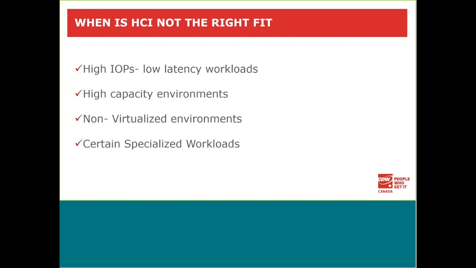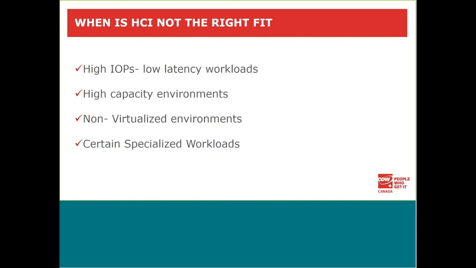When we look at high IOPS and low latency workloads, sometimes it's not the best for that. We can provision it in a way that works, but we often see a price premium. And we're not talking about regular production workloads, VMs, and things like that. We're talking about very resource-heavy workloads, and some of our vendors are even able to get ones with GPUs involved, so we can run things like Photoshop and AutoCAD.